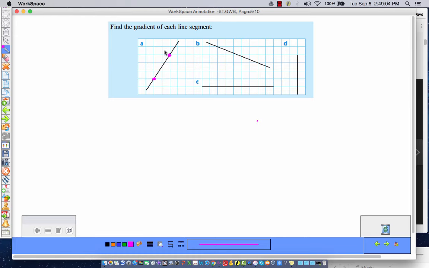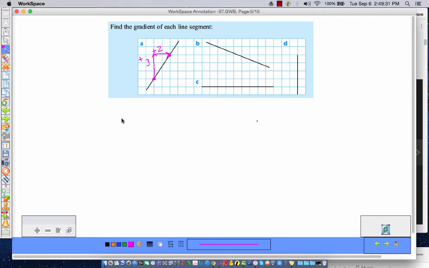And we can only travel along the grid lines here. So I need to get to this point by moving only vertically and then horizontally. My vertical move would have to be 1, 2, 3 units up. And since it's going up, it's positive. It's a positive 3. And then moving 2 units to the right, that's also positive.